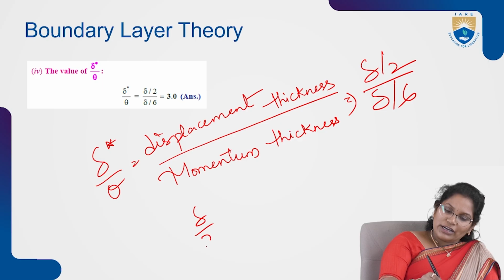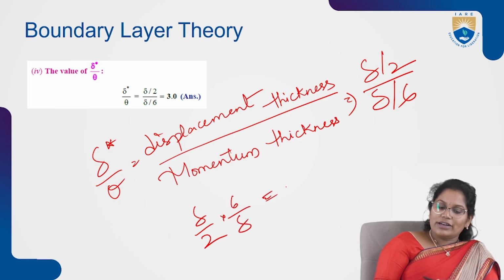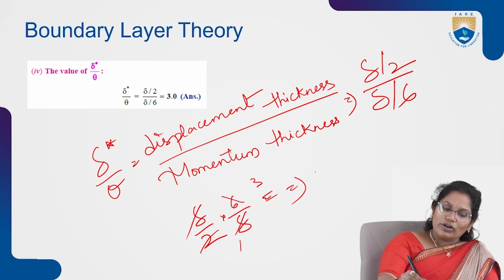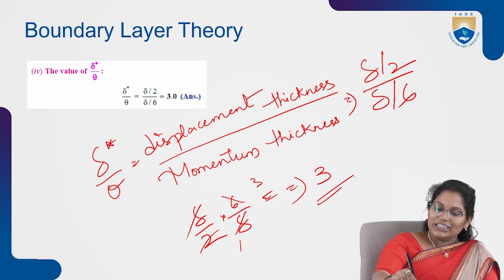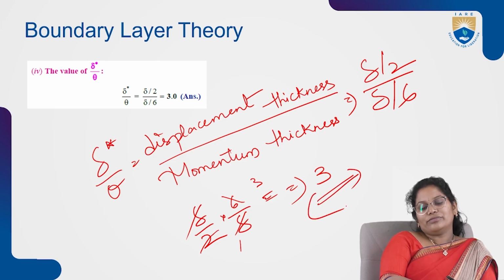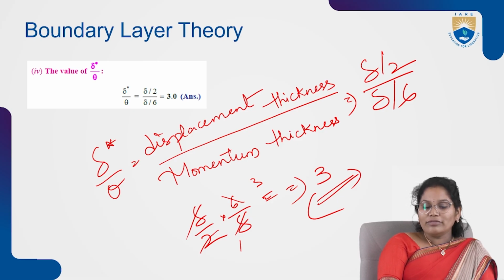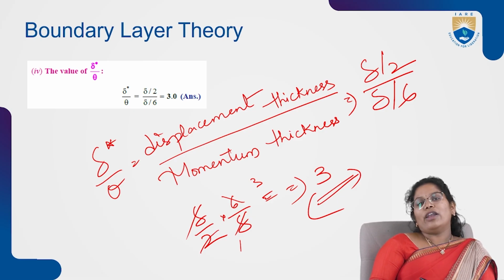So delta by 2 into 6 by delta. 2 ones are 2, 2 threes are 6. So delta will get cancelled. So the ratio of displacement and momentum thickness is 3. Right? 3 is the ratio value of displacement by momentum.